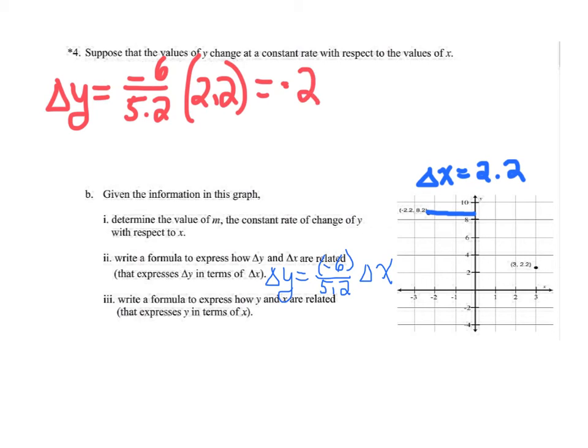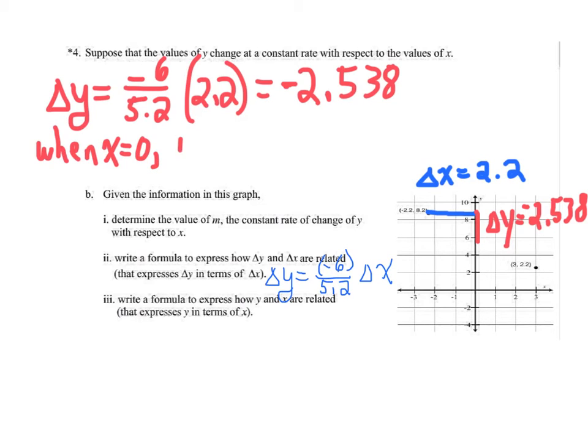-2.538. This means that the y value will decrease from 8.2 by 2.538 as we move from our starting point to the y-axis. Therefore, the y value when the value of x is 0 is 8.2 minus 2.538, or 5.662.